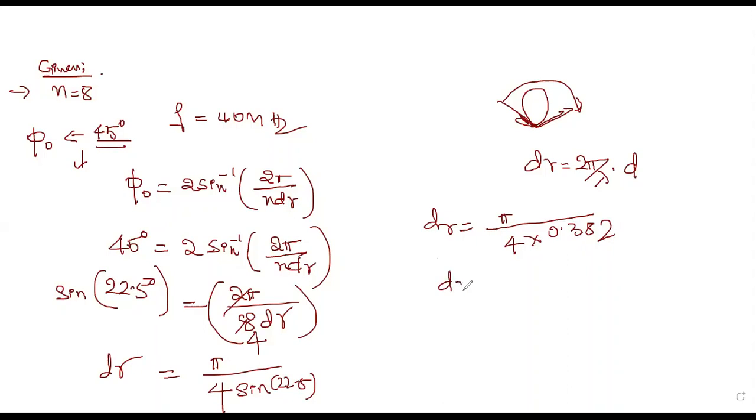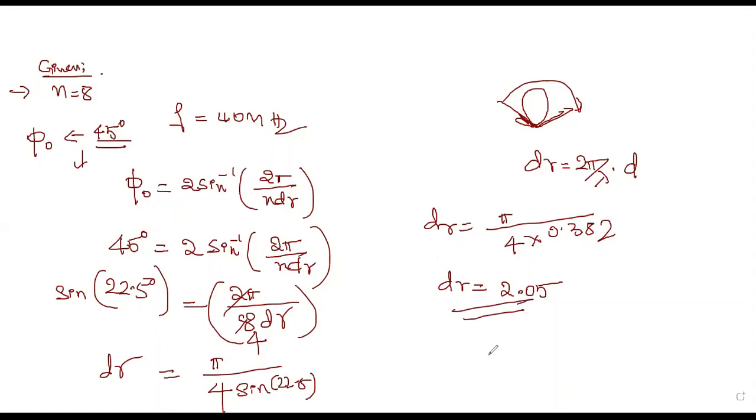Calculate this. 2.05 now. So dr value is 2.05.